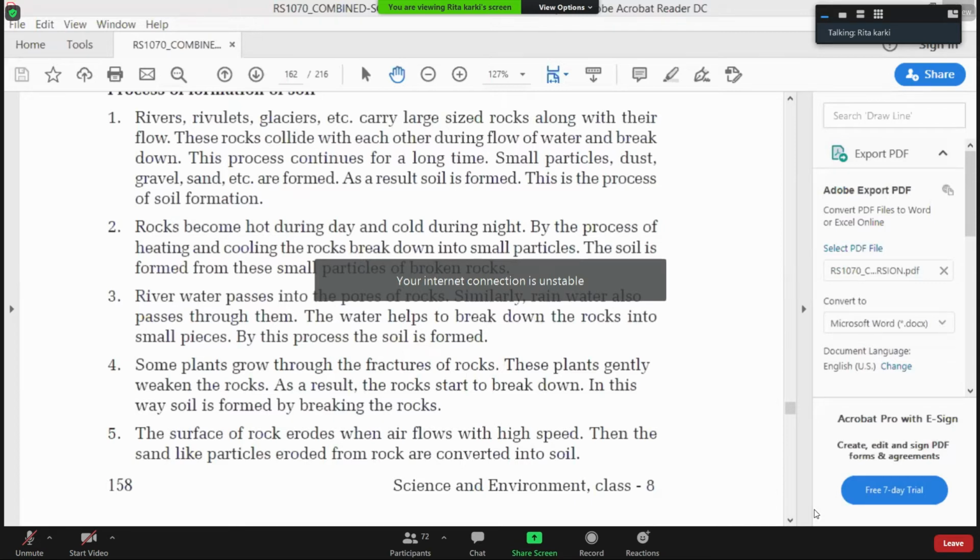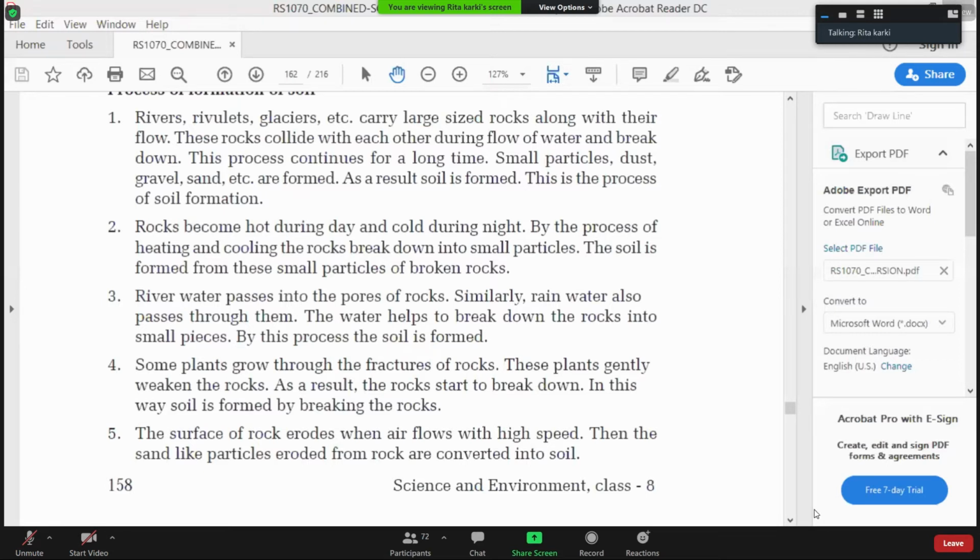So when the rock particles are being eroded, being blown away by the high speed of the water or wind, they will collide with one another before they get deposited in one particular place. During this collision also, the rock particles will be broken down into smaller pieces, finally giving rise to the particles of the soil.